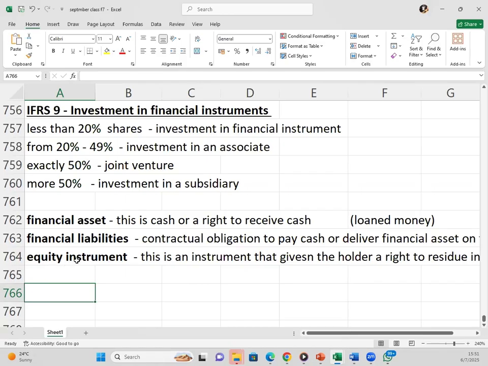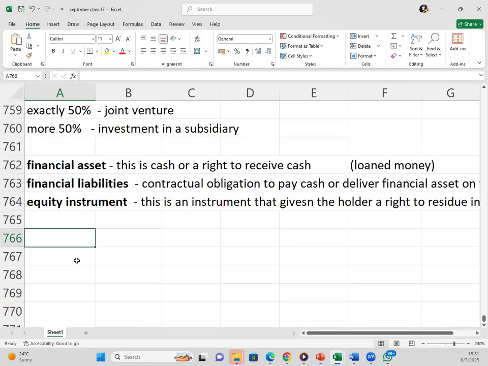So let's now move on and break this down further. Let's start with a case where we are dealing with a financial liability, or we can start with the financial asset.